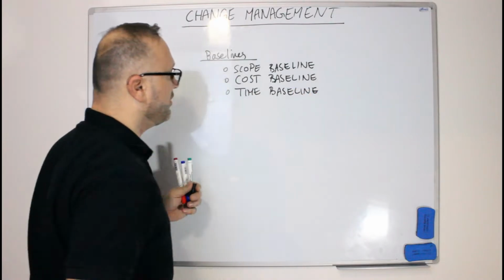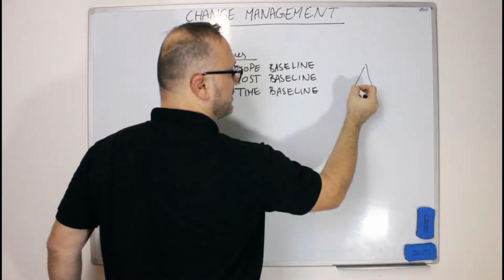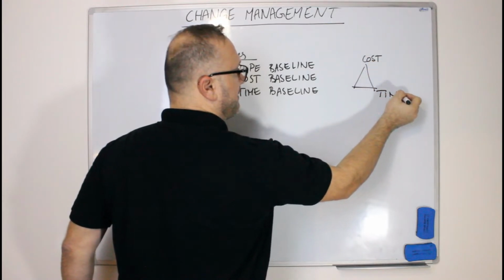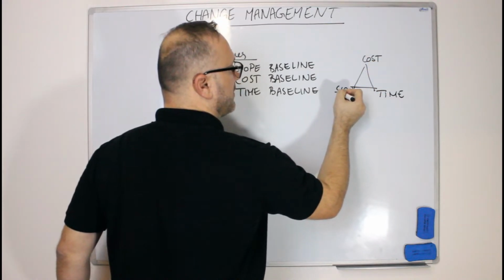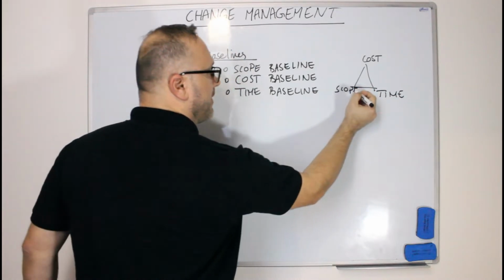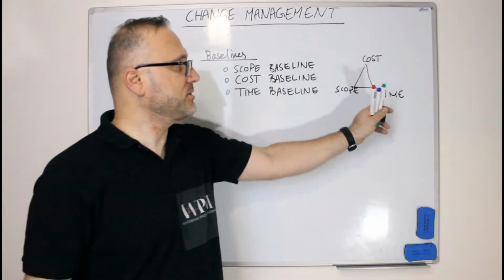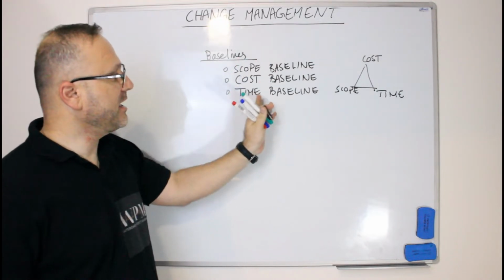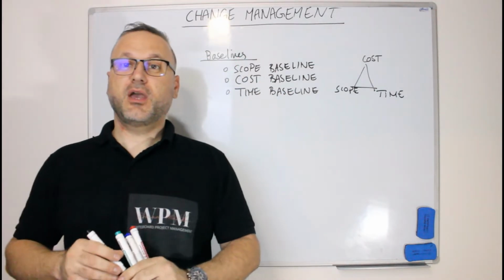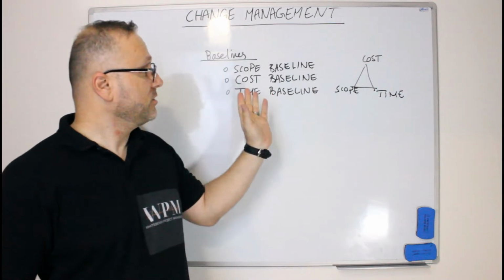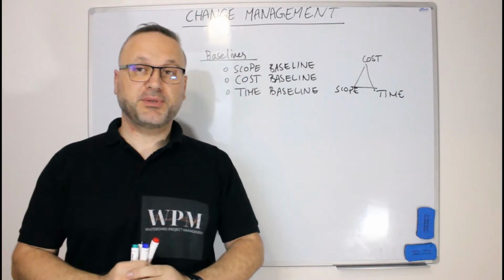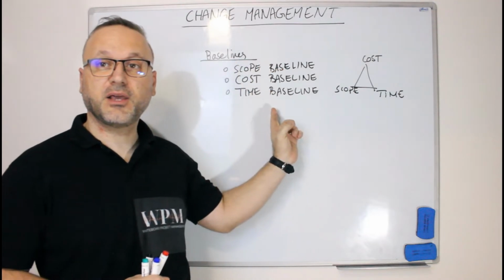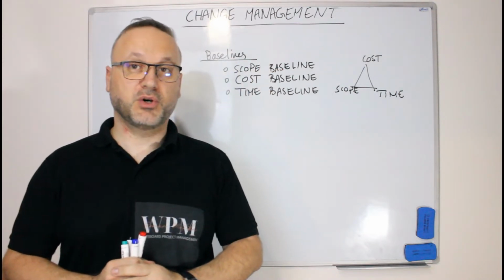Those are the three project constraints, which are cost, time, and scope. So the three project constraints have baselines, and now you are having the baselines. If you don't know about baselines, go back to the previous episodes where I explained all the baselines and how you apply them on your project.